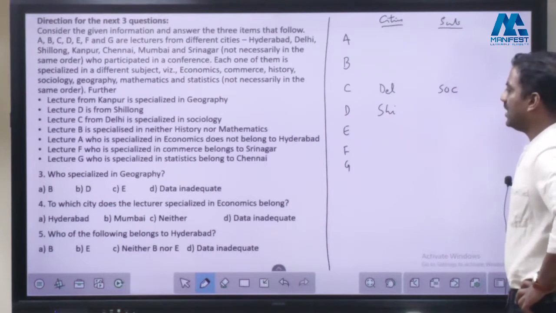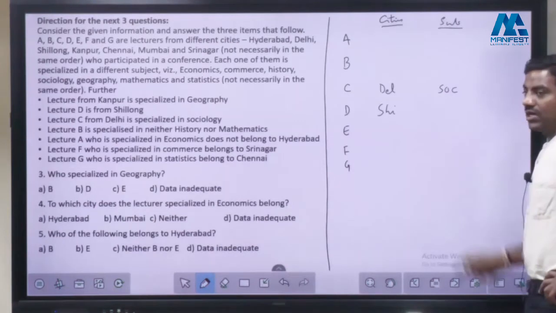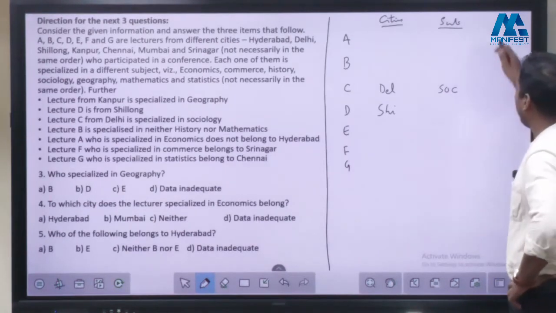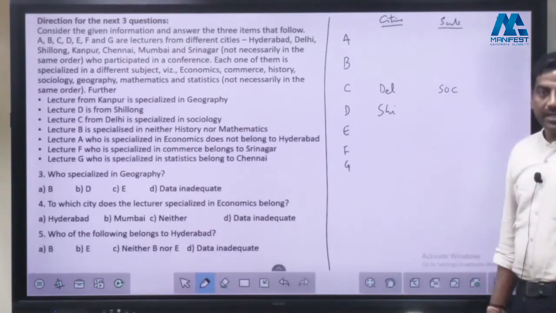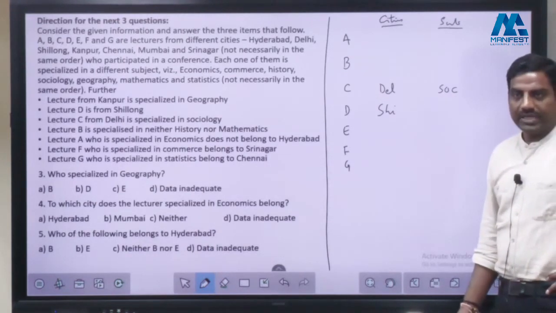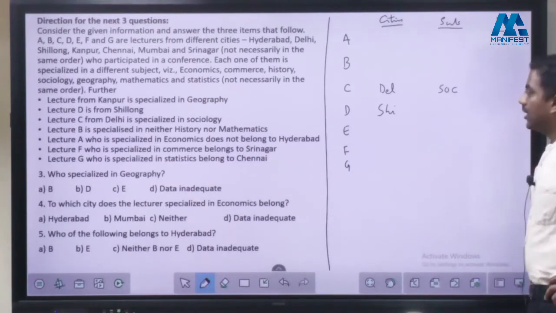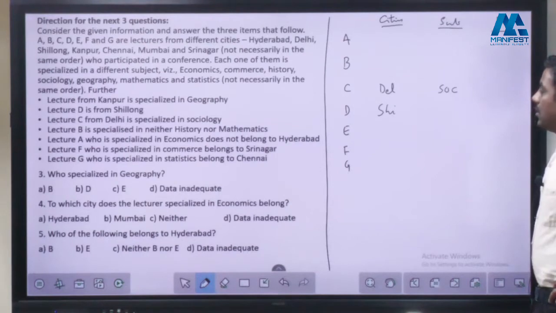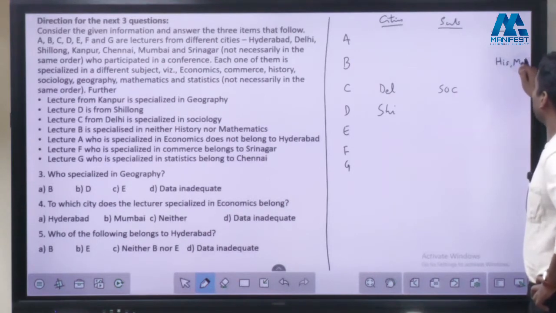Lecturer B is specialized in neither history nor mathematics. So, while you are creating the table, also create a table for some exceptions where people don't do something. Okay. So that also becomes a qualification. So lecturer B specialized in neither history nor mathematics.